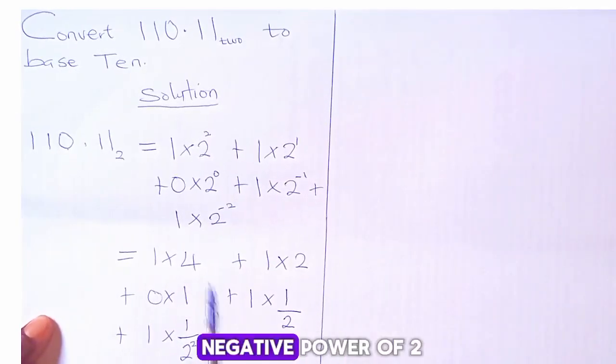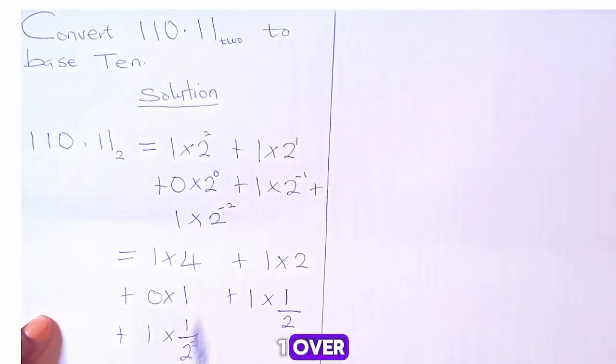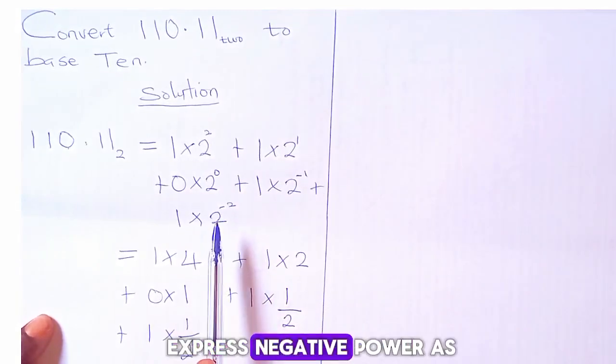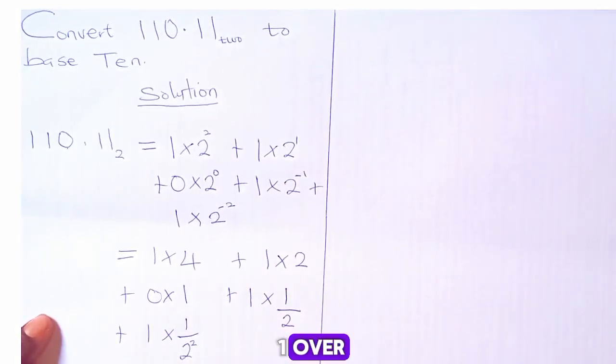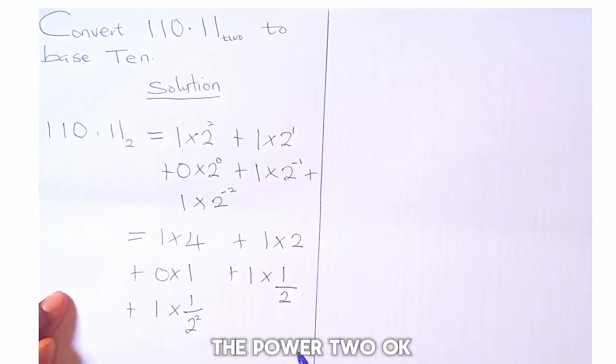So here we have negative power of 2, so it means we should write it as 1 over. Once you express negative power as 1 over, the negative goes away. So this is now 1 over 2 raised to power 2.